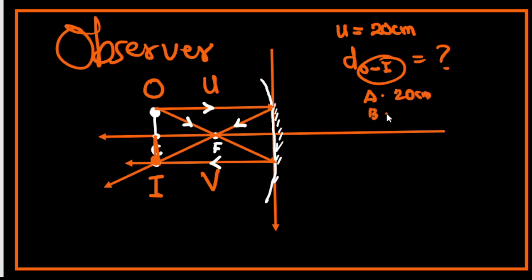B, 40 centimeter? C, 0 centimeter? D, 10 centimeter? 0 centimeter. That's correct. The distance between the object and the image is 0 centimeter here, because they are both lying on the same point.